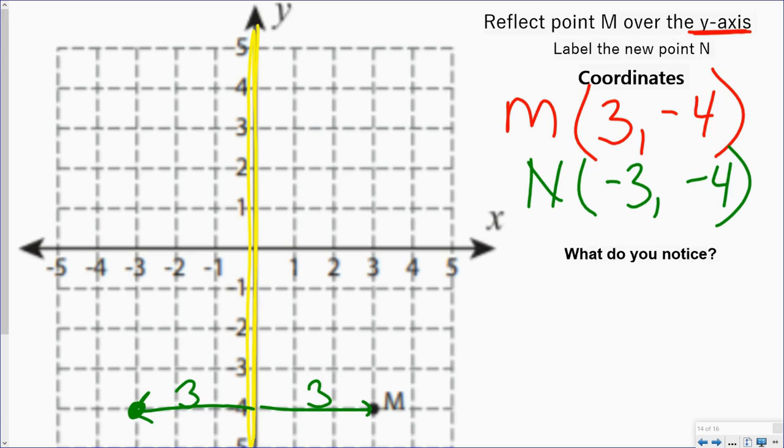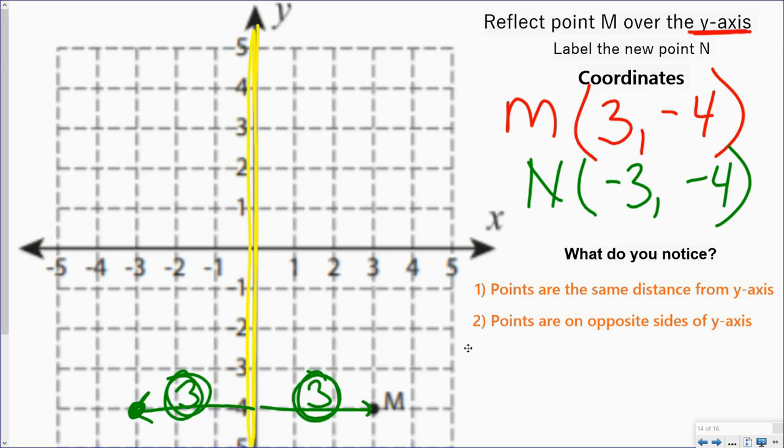So now let's take a look at what we notice. So again, the points are the same distance from the y-axis. This one is 3 to the right. This one is 3 to the left. So the next thing that I notice is that the 2 points are on opposite sides of the y-axis.